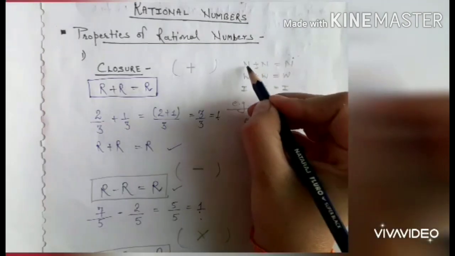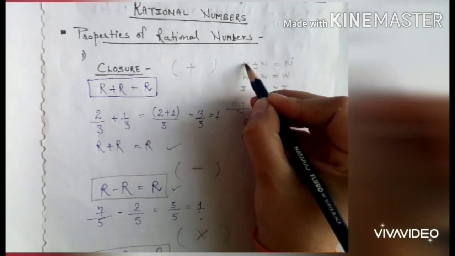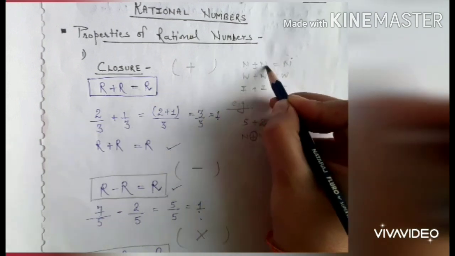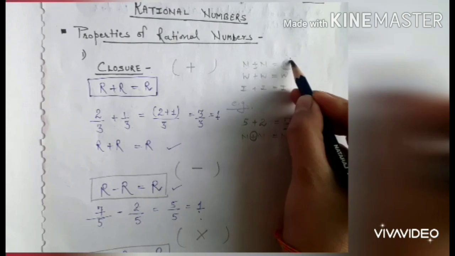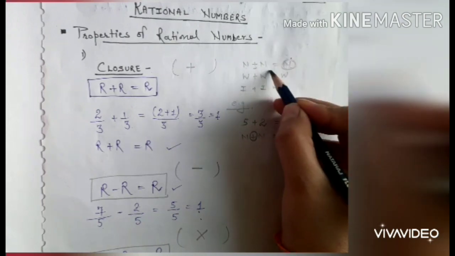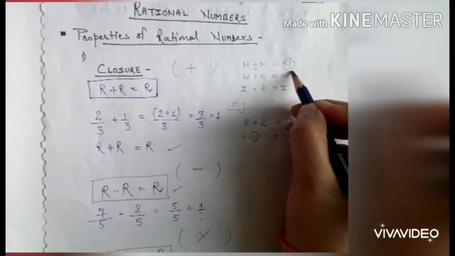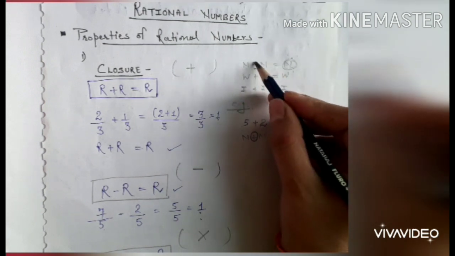Suppose when we add two natural numbers, the resultant number is n. It should again be a natural number. Then we can say that natural numbers are closed under addition.